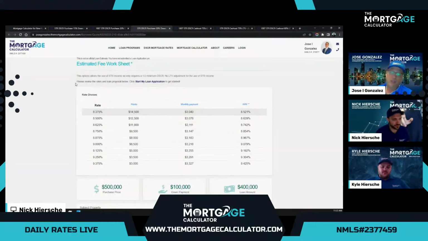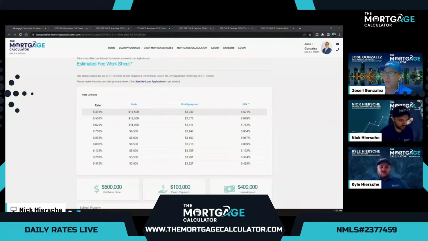So this option allows you to capture 115% of the 1007 income. So, you want to squeeze out a little bit more and hopefully make that 1.0 DSCR. This is a good option to do it, but you will note the rate is a little bit higher.